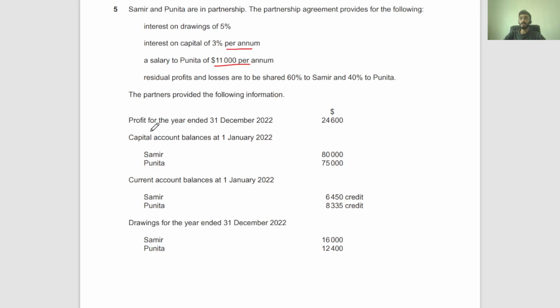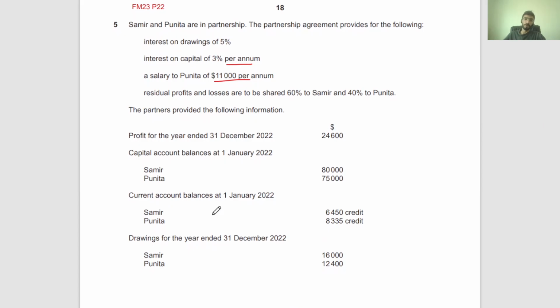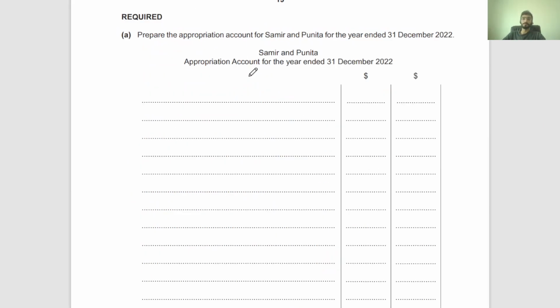Profit for the year ended 31st December 2022 is 24,600. Okay. There's some capital account balance, current account balance, irrelevant for now. Some drawings figures, and then we make the appropriation account. So we start with profit for the year.